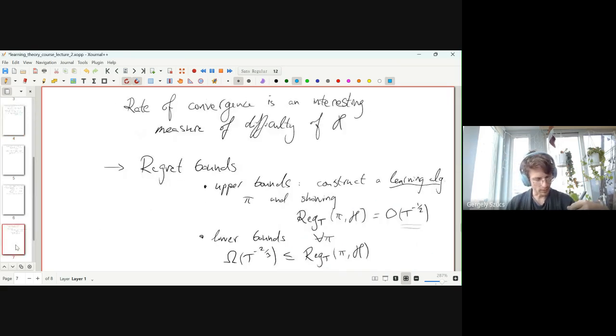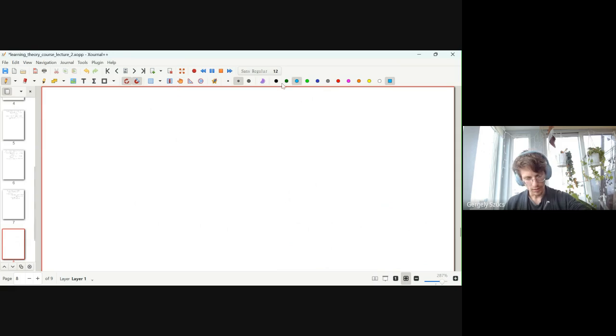But it makes sense to talk about these definitions in a Bayesian setting too. So we'll look into that quickly. So given a prior, let's call it psi over a hypothesis class H.